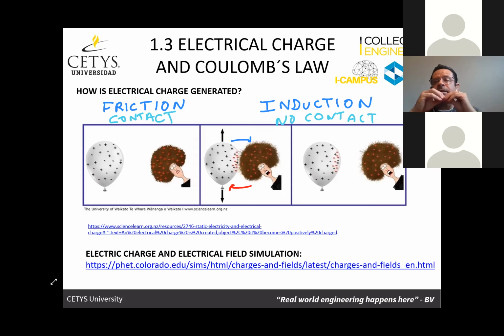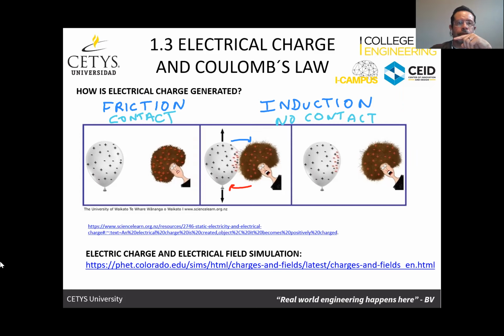Something interesting happens if I have a conductor, a cable that's transmitting electrical energy, with current going through it, and I grab another cable with no current going through it and just put it close to the first one.